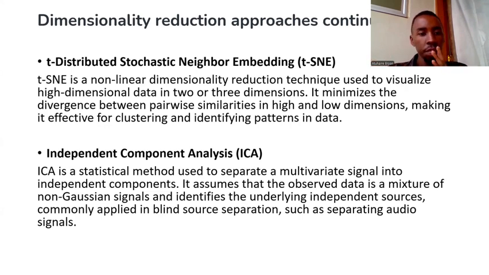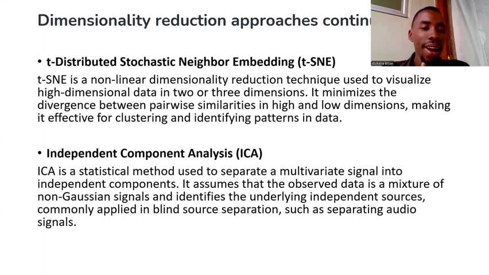Then we go to the independent component analysis. You see, data is always made up of a mixture of very many different components. The word data is broad and wide, but data is always made up of different components mixed all together to come up with whatever raw data they actually come up with.